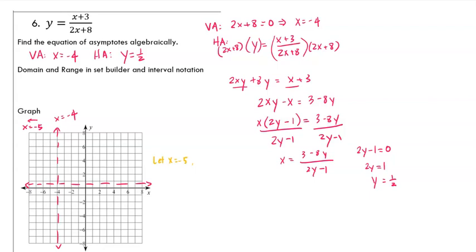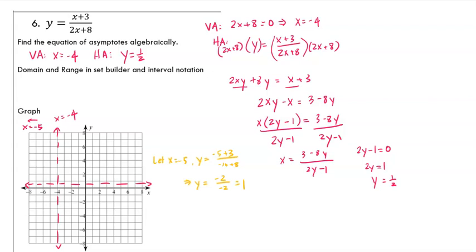So that's going to be y equals -5 plus 3 over -10 plus 8. This implies that y equals -2 over -2, which equals 1.